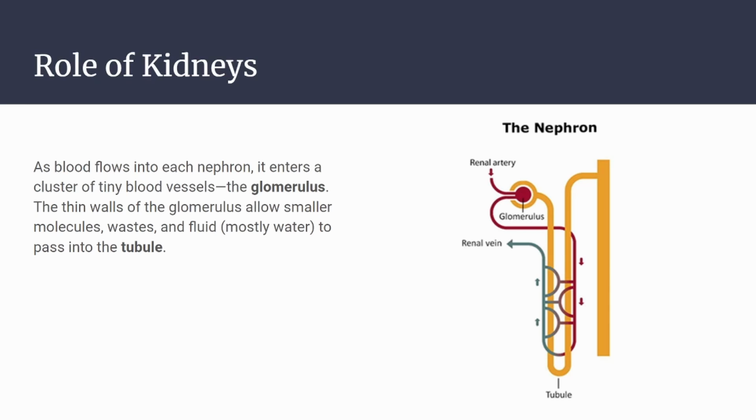As blood passes through the nephron, fluid and waste products are filtered out as well. Much of the fluid is then returned to the blood, while the waste products are concentrated in any extra fluid as urine.